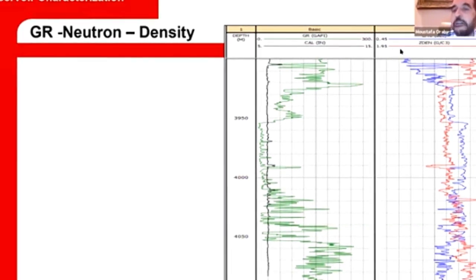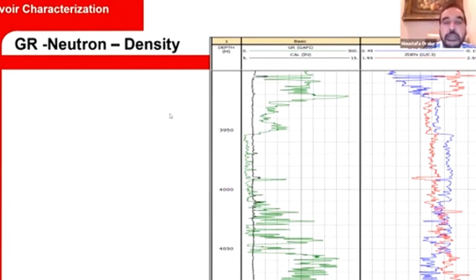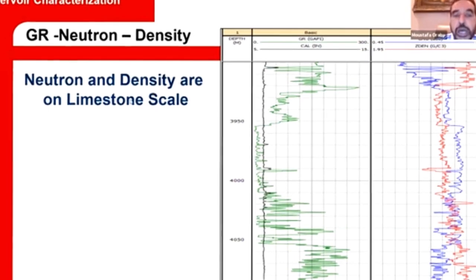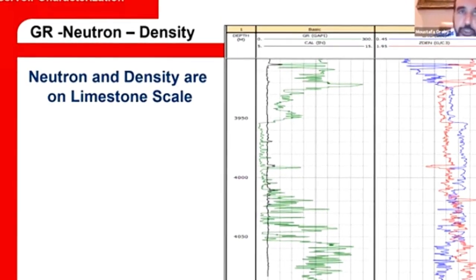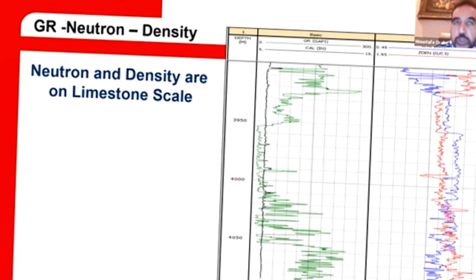On the second track, I have the neutron and the density. Okay? Neutron has a certain scale and the density has a certain scale. Let's just see what the API is telling us in this case. Neutron and density are on limestone scale. That will raise a huge question. What if my lithology is not limestone?